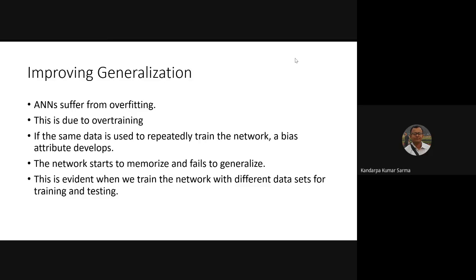The boundary demarcation is done with high precision. Further, if we continuously train the network with the same set of data, it develops a biased nature. Its generalization property suffers. It starts to remember. It develops a memorization capability.